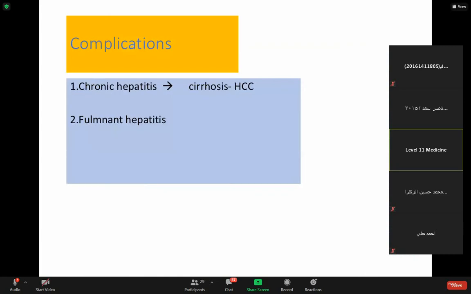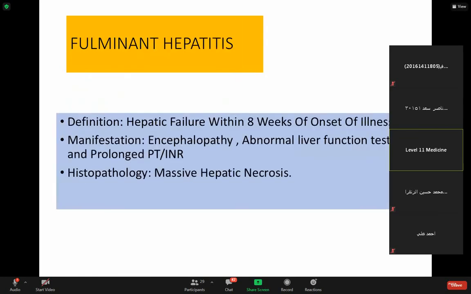What are the complications of basically acute hepatitis? Well, they can develop chronic hepatitis and eventually cirrhosis and hepatocellular carcinoma, or it can go from acute hepatitis to fulminant hepatitis. What is fulminant hepatitis?